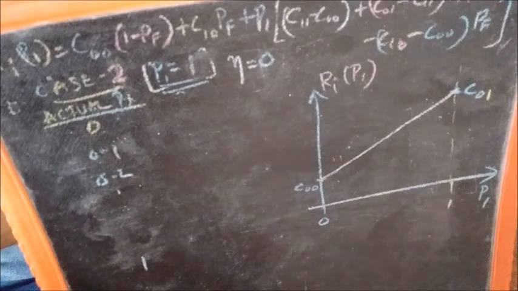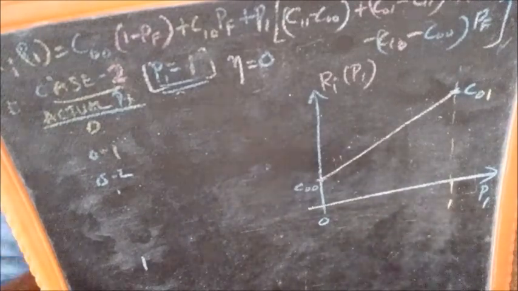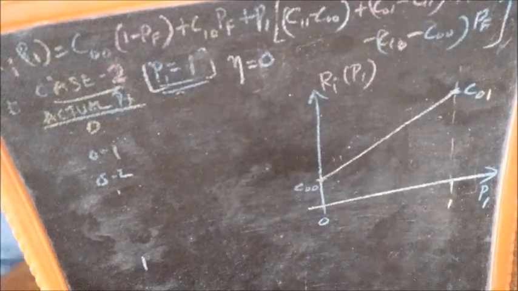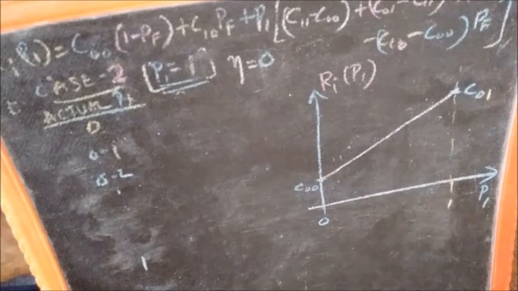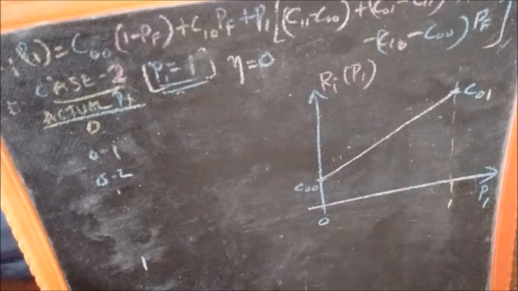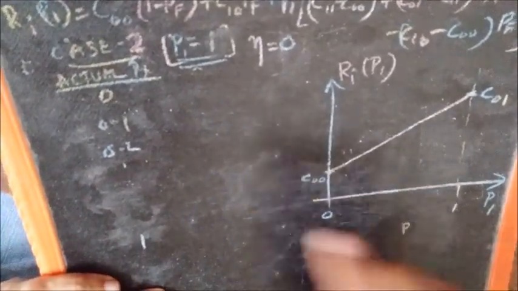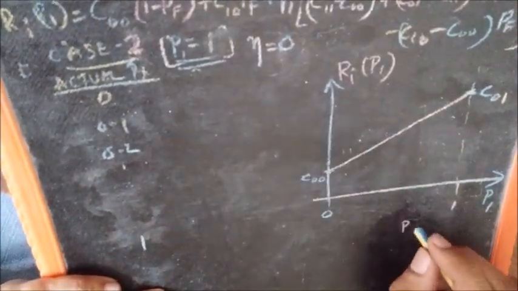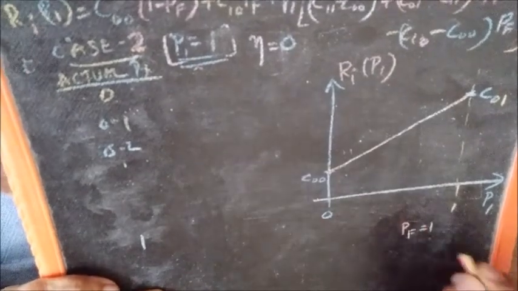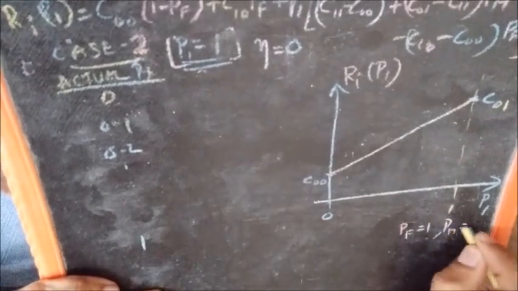And the probability of miss is 0, because even if H0 is the true hypothesis, you are saying H1 is true. For this case, probability of false alarm is 1, probability of miss is 0.